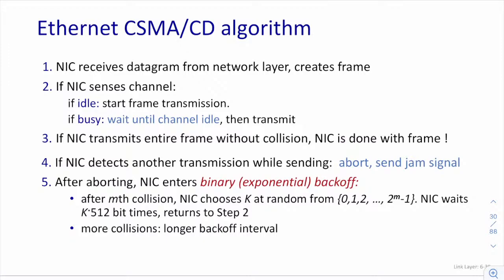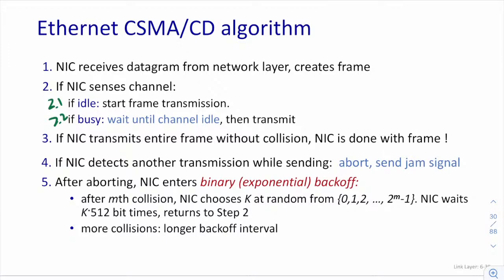Next, the network interface card senses the channel, and we have two different situations. 2.1: if the channel is idle, the network interface card starts the transmission. Let's directly go to step number 3: if the network interface card transmits the entire frame without collision, the card is done with the frame.